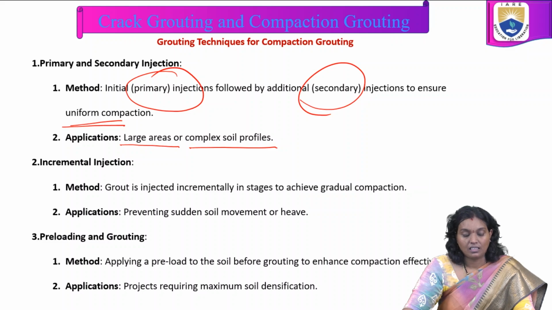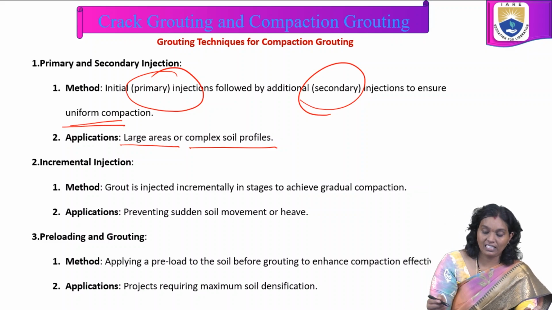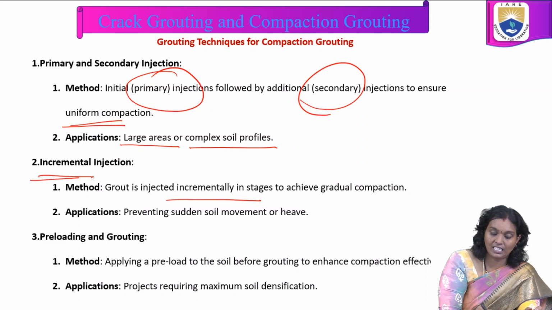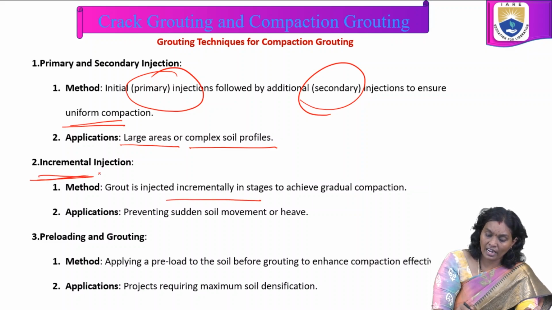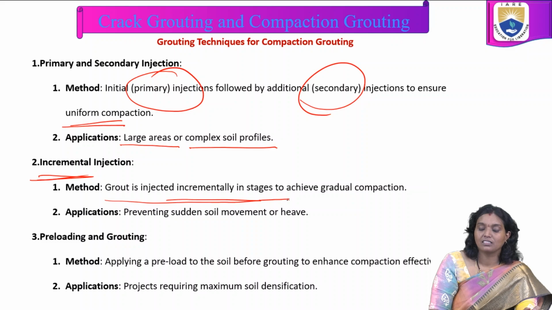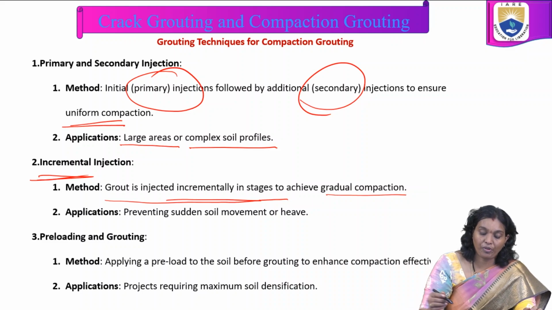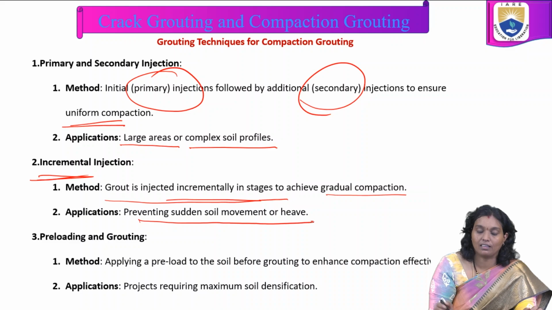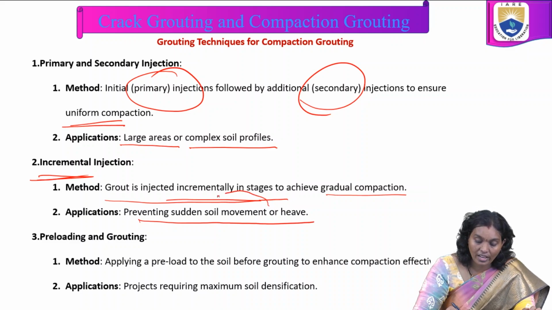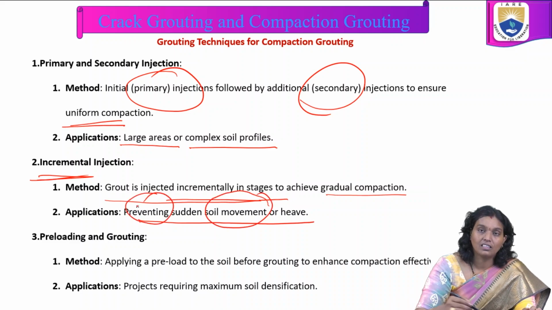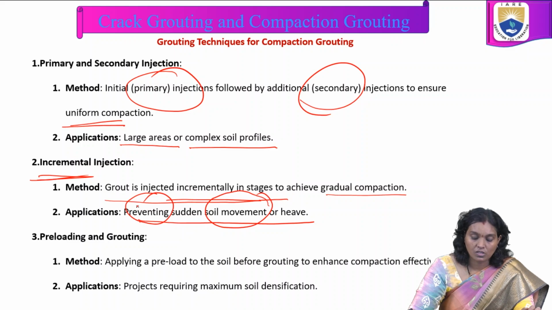Incremental injection. In this method, grout is injected incrementally in stages. The name itself tells incremental: grout is injected incrementally in stages to achieve gradual compaction. This kind of technique we use to prevent sudden soil movement.